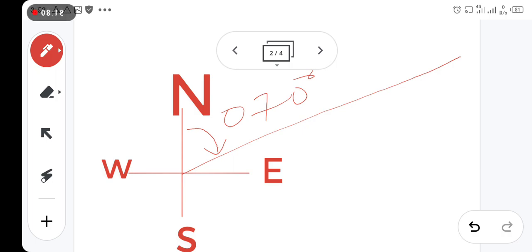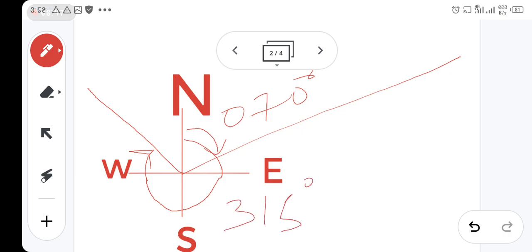How do we do that? We know that from the north to the east is 90, this is 180, this is 270. Now, 315 minus 270 will give us 45 degrees. So we just have to sketch 45 degrees from the west, so that should be at the mid.